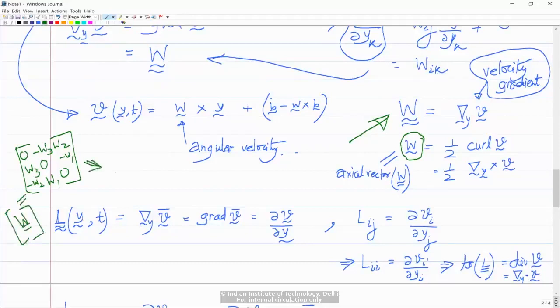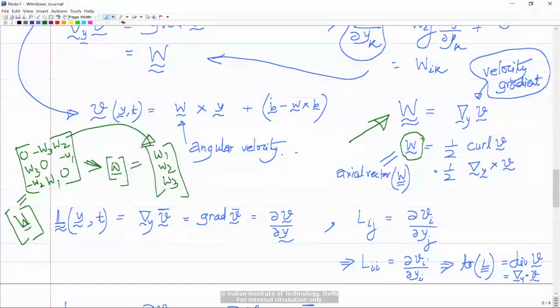And from here you extract the small w vector as w1, w2, w3, the three non-zero components present here. You write it in column form in this way, and that is called the axial vector of the skew symmetric tensor.